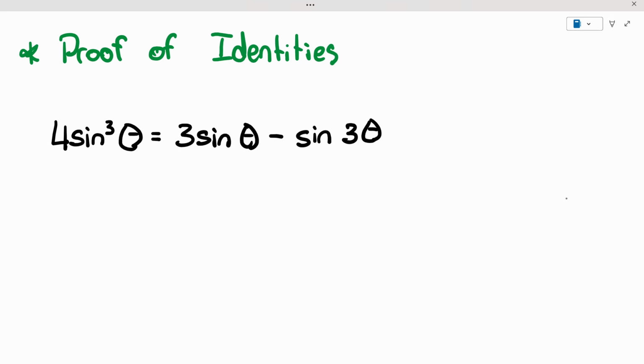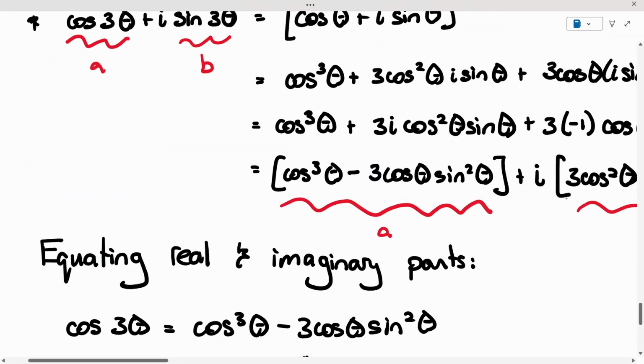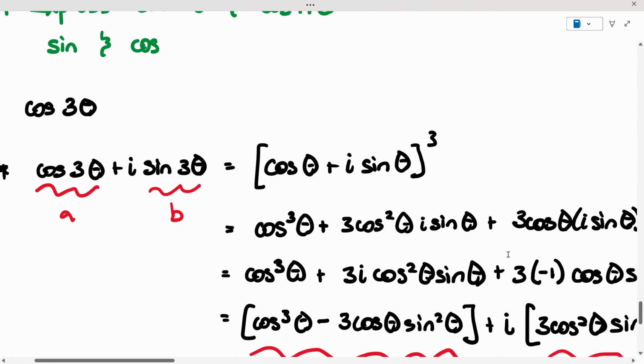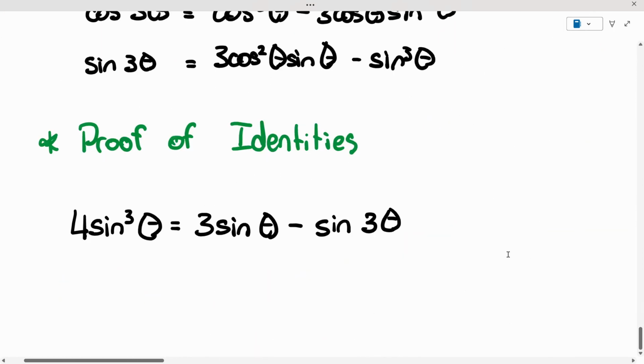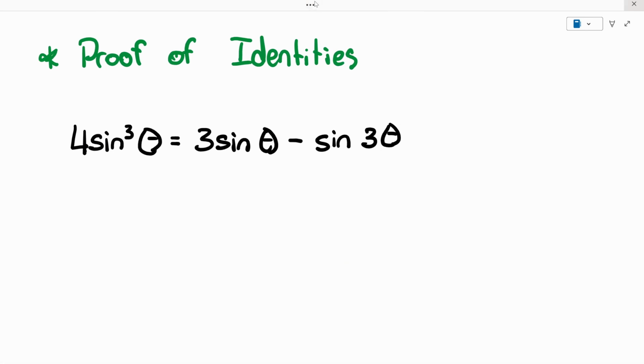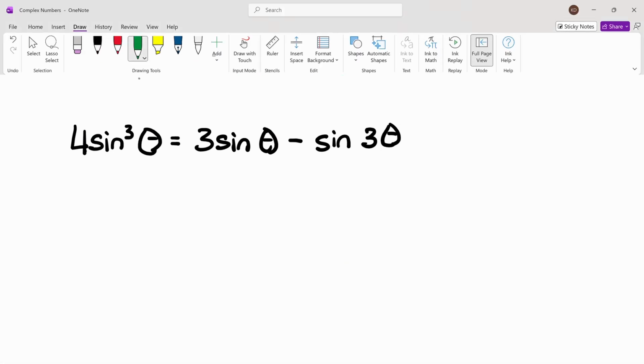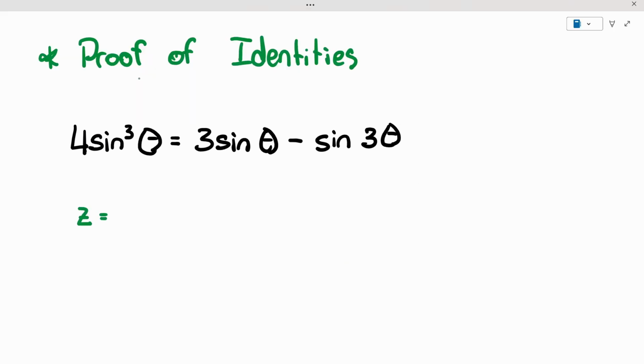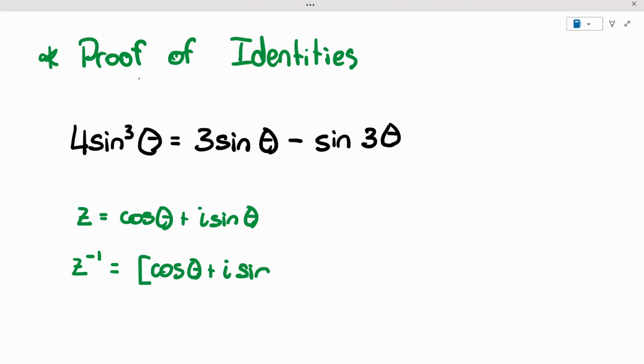Right? So unlike the previous example, where we used De Moivre's and brought the power of the index in, what we're going to do this time is look at two sub-identities, right? So first of all, we know z is cos theta plus i sine theta. So using De Moivre's, we could find z to the minus 1, which is just cos theta plus i sine theta to the minus 1.